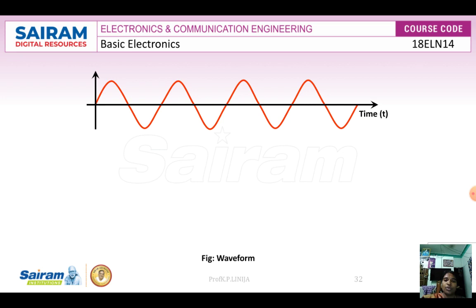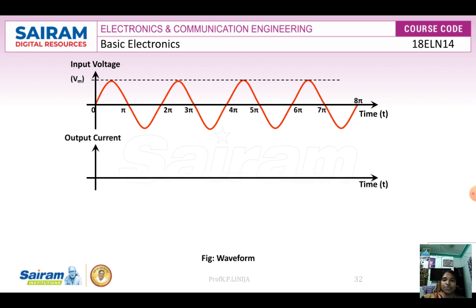Now we will see the waveform. This is our input waveform with time on the x-axis and input voltage on the y-axis. It starts from 0 and varies, with theta varying through pi, 2 pi, 3 pi, up to 8 pi. The maximum voltage is represented by Vm.